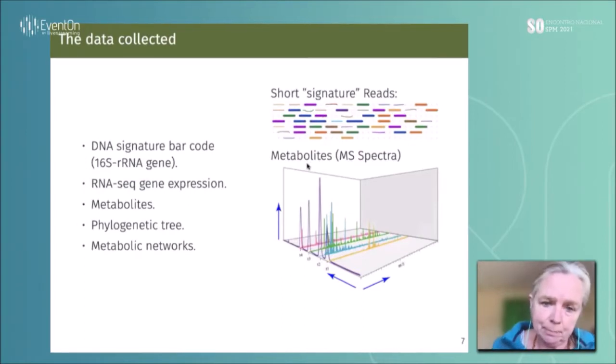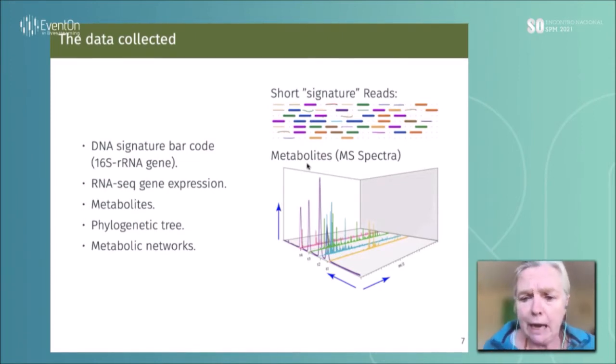So let me give a little bit more details about the actual data that we collect. We have DNA signature barcodes. And these are small reads of a length about 300 base pairs long, which are like fingerprints of certain species that we can collect.